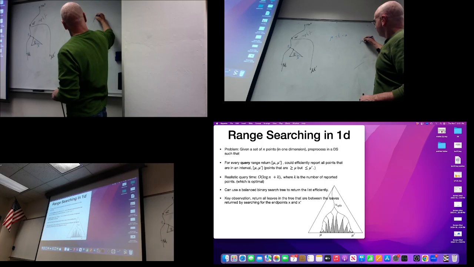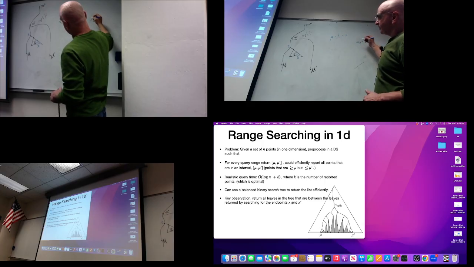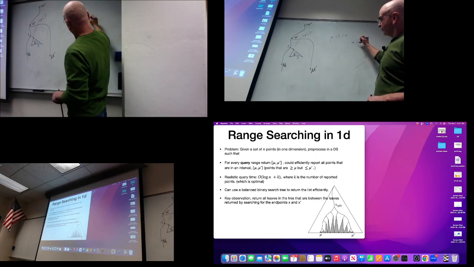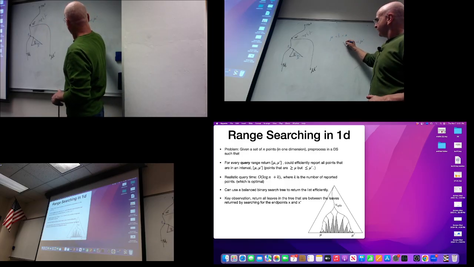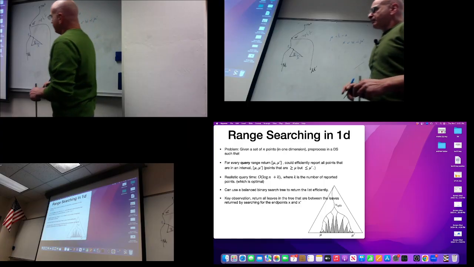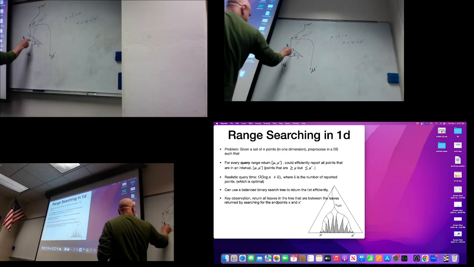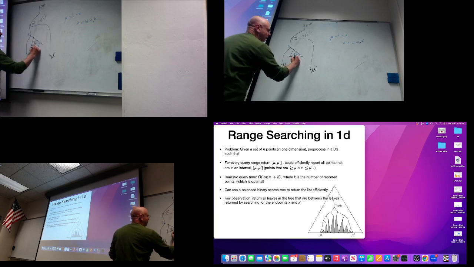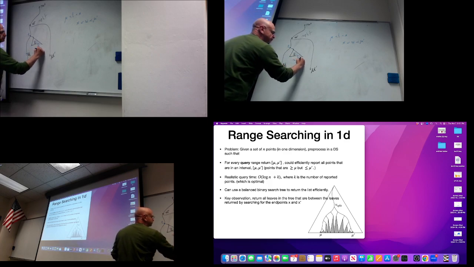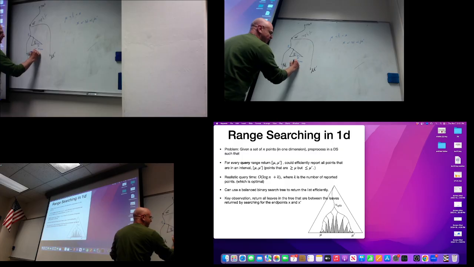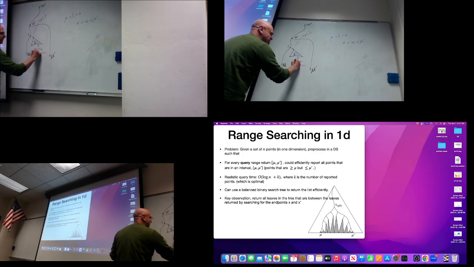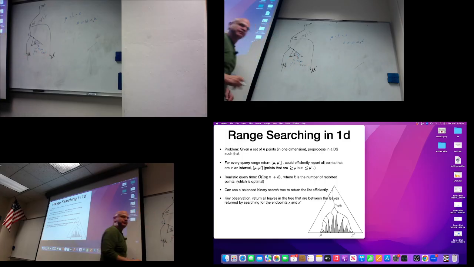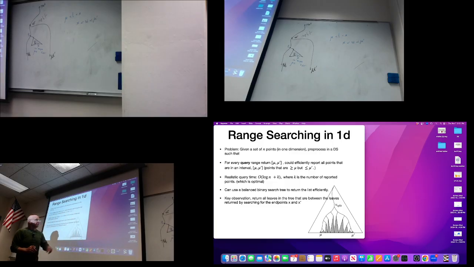So mu prime is larger than w, once again, the branch point, which is in turn larger than x. Conclusion, these subtrees are all in range. That is, smaller or equal than mu prime, larger or equal than mu.